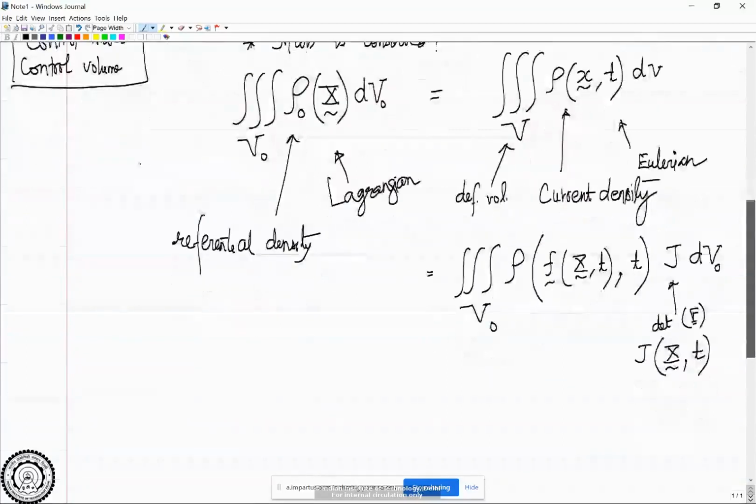Okay. Now let us bring the right hand side to the left hand side.